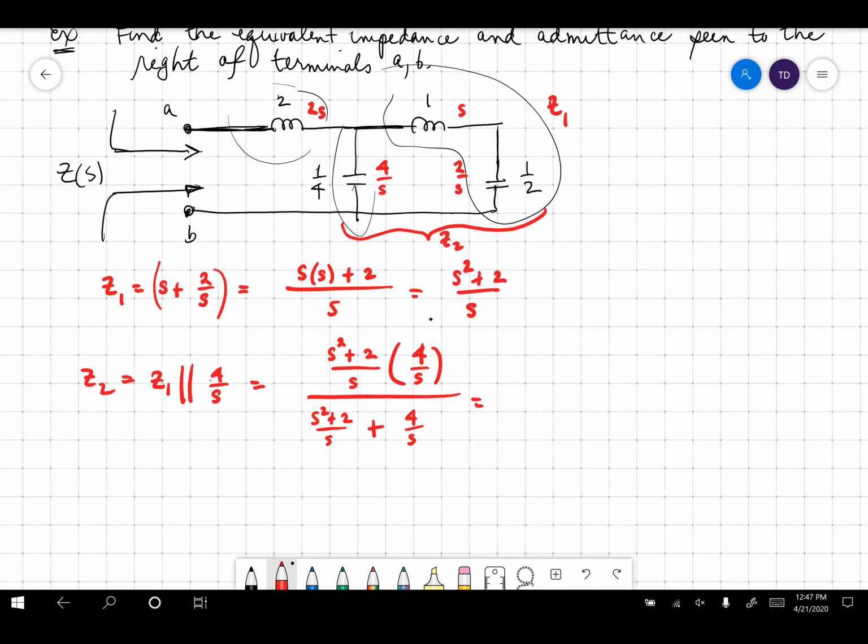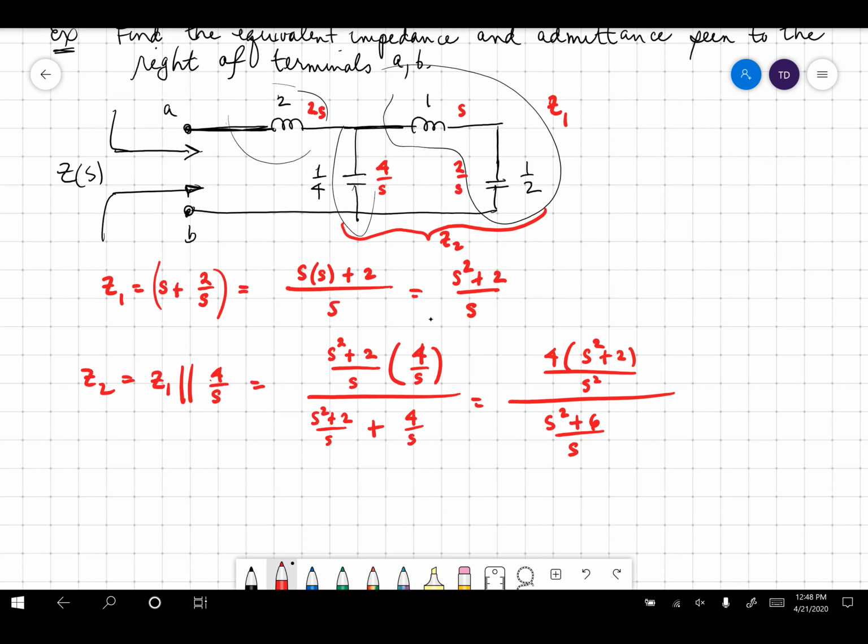So in the numerator, I have 4 times S squared plus 2 divided by S squared, all divided by S squared plus 6 over S.